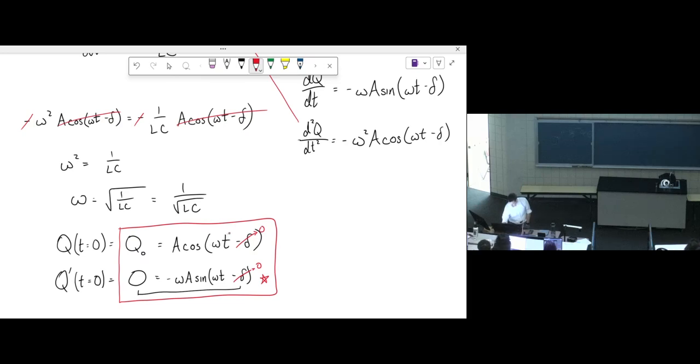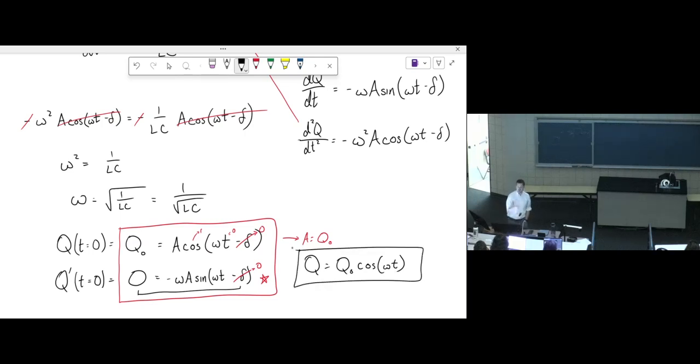If we let t equal 0 here, then cosine is equal to 1, and that means that A is equal to Q naught. Or the most correct form for this setup is Q equals Q naught times cosine omega t. This is, for this setup, the final solution for what the charge on the capacitor is as a function of time.